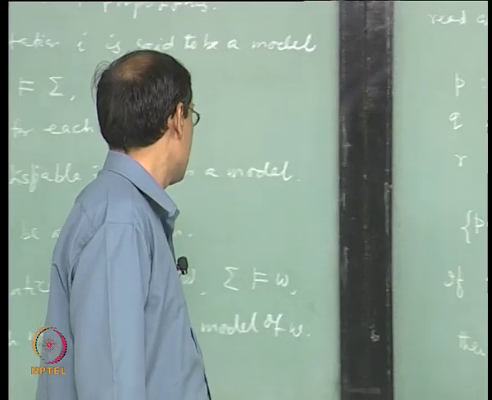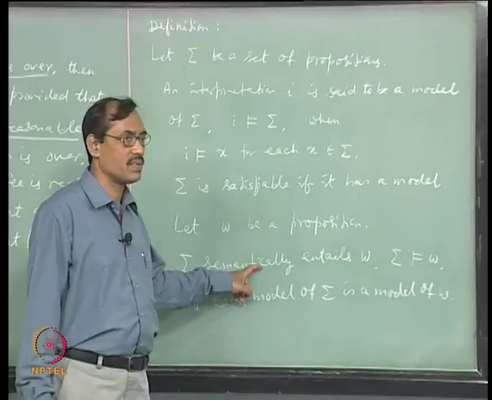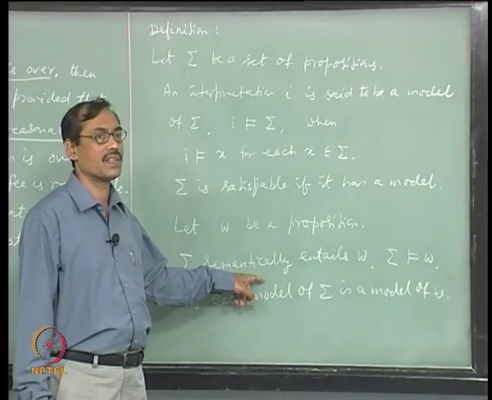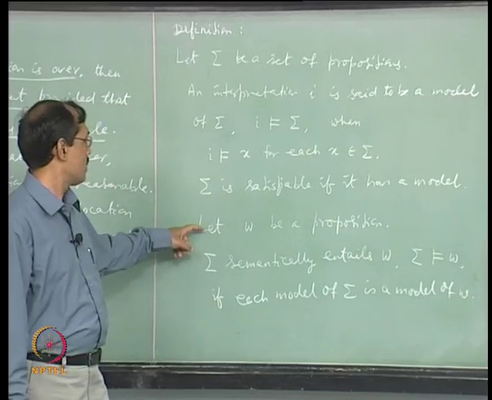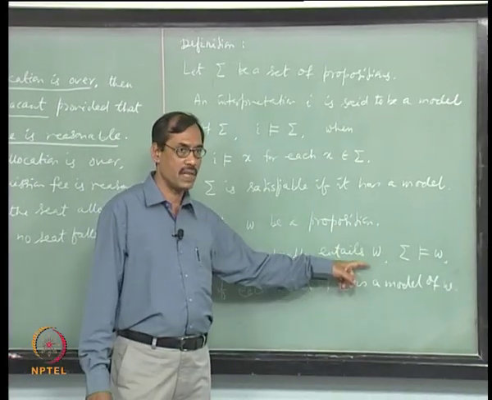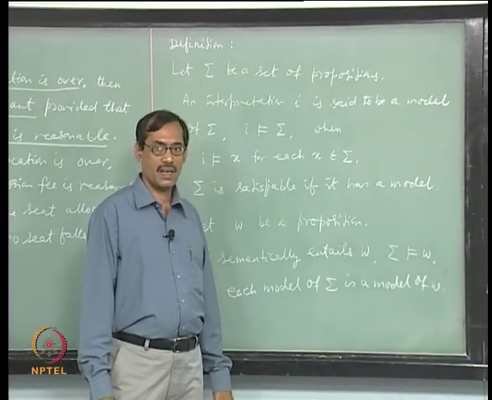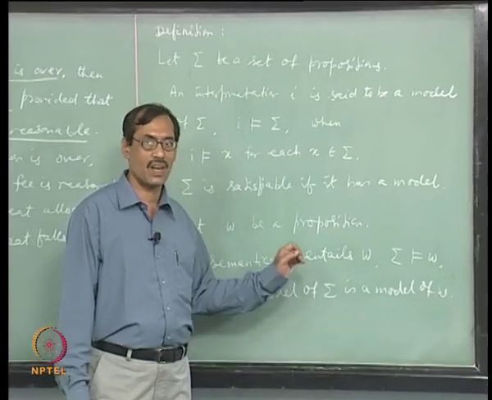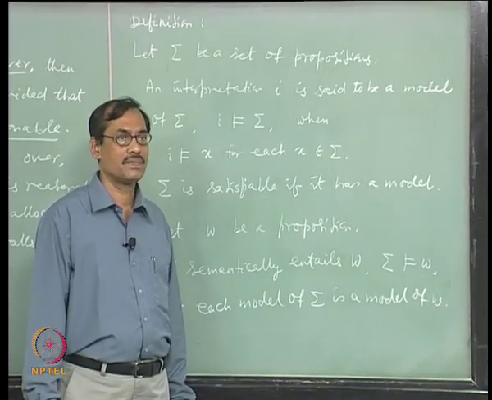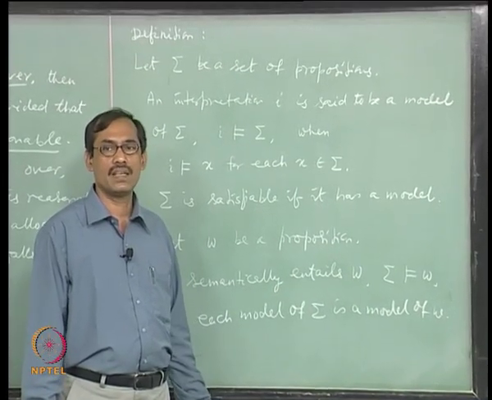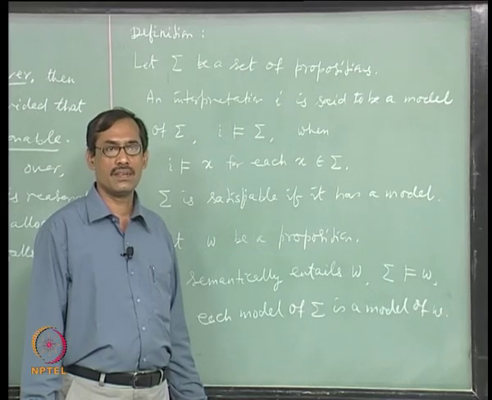So, that can be going as an alternate definition to this, in fact that follows from the definition. It says if I falsifies W, then I falsifies at least one of the premises in sigma, then you say sigma entails W. Is that clear?